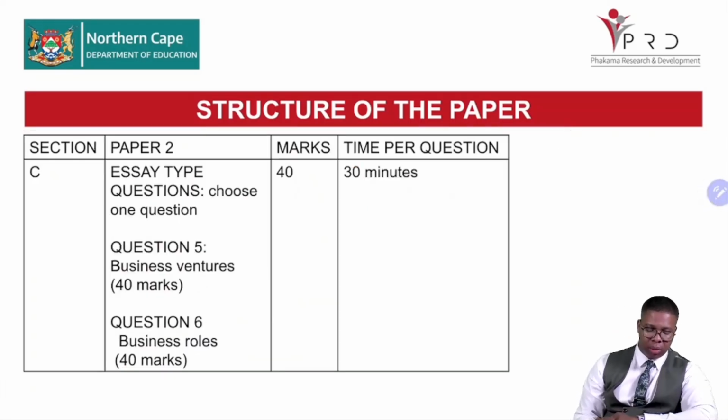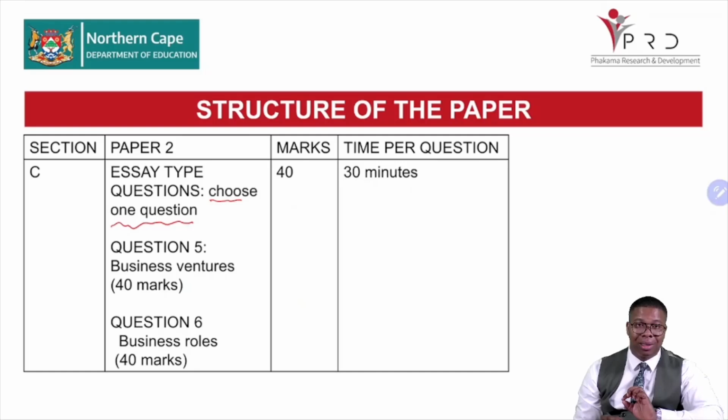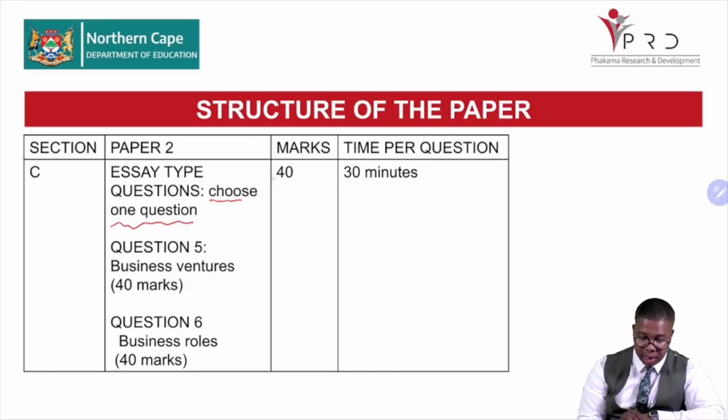Then as we proceed, we have section C. In section C, there's an important instruction at the beginning as well, which says choose 1 question, because you have 2 questions, but you only choose 1. This is your essay type question, whereby you are expected to write an essay, and the mark allocation is 40 marks, and the time you should spend writing your essay is 30 minutes.